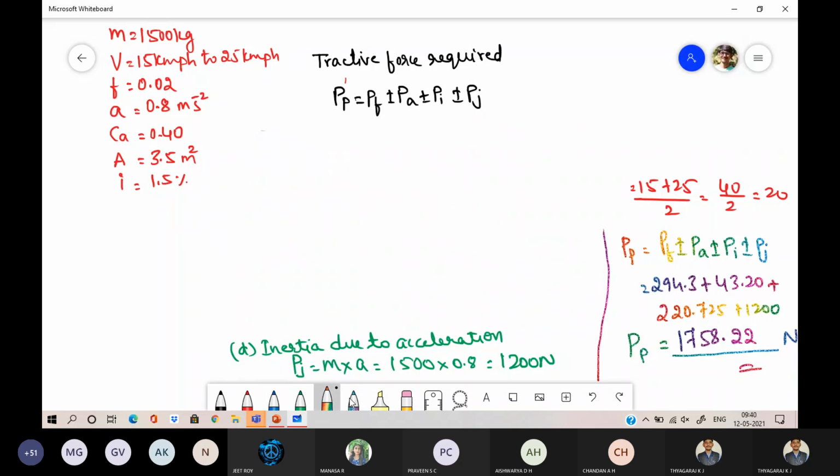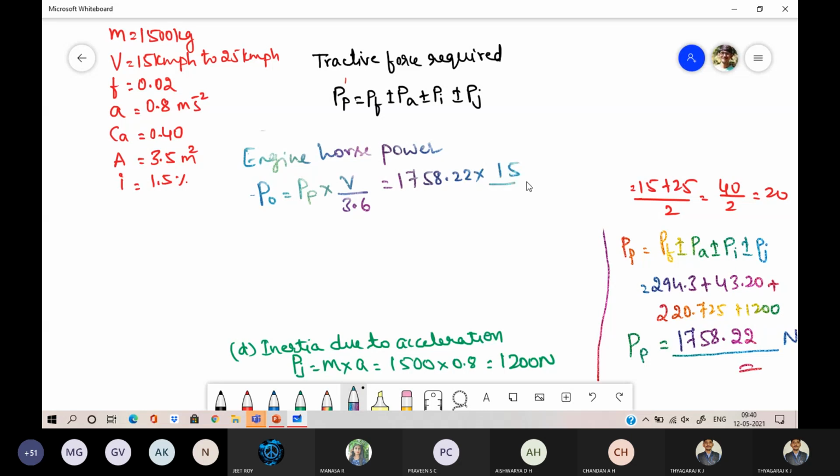So take engine horsepower. So P naught, we know that is PP into V divided by 3.6. So 1758.22 into V, you have to take 15, divided by 3.6.